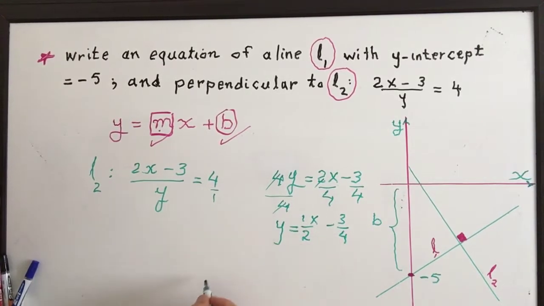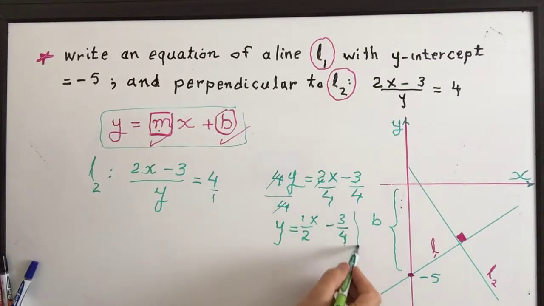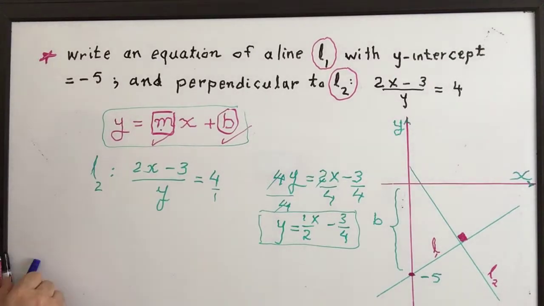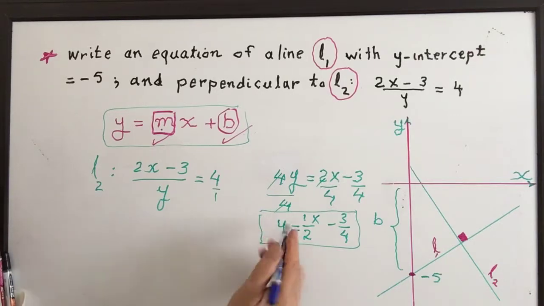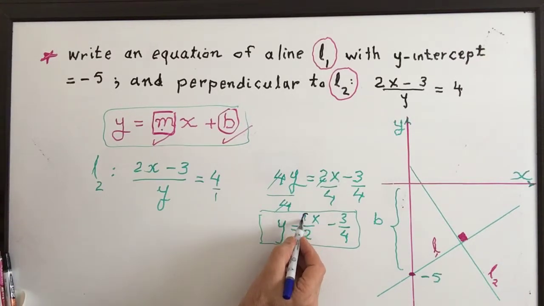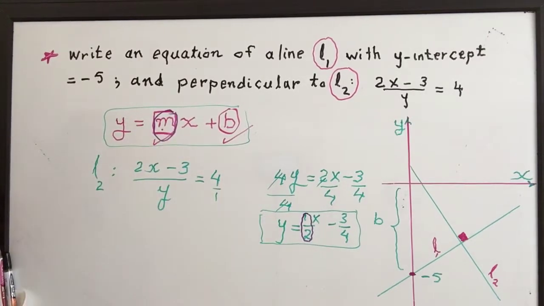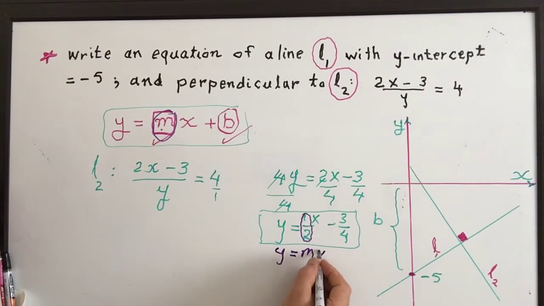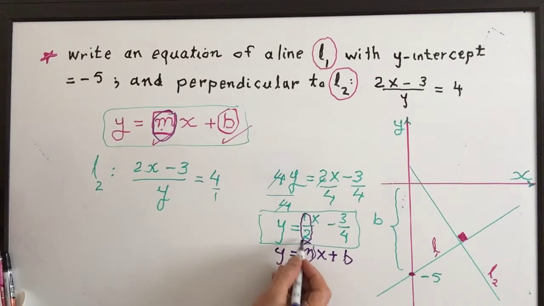So from this form and the slope-intercept form, if you compare them together, you find m is equal to 1/2. Instead of m, there is 1/2. If we write mx plus b, that means m is 1/2.